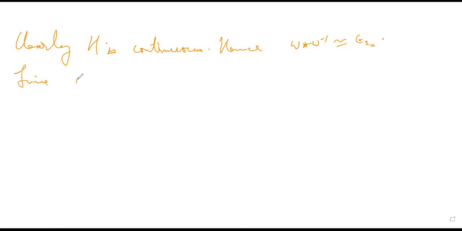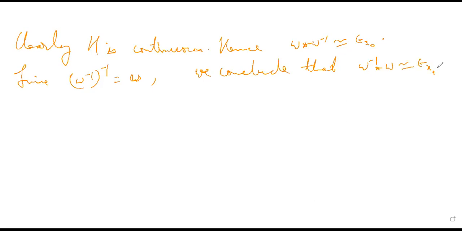Since omega inverse is nothing but omega, we conclude that omega star omega is homotopic to the constant path at x1. So this completes the proof.